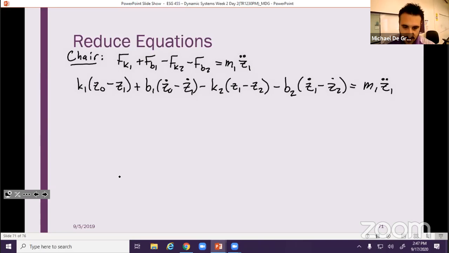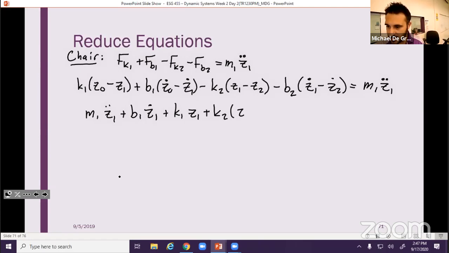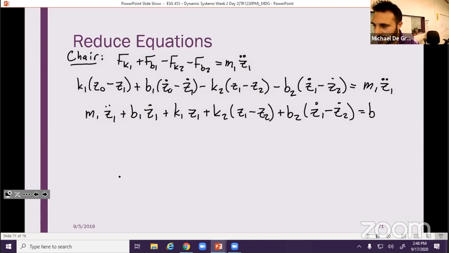We have to algebra this, right? Well, we want Z naught on one side and everything else on the other. So we'll have M1 Z double dot 1 plus B1 Z dot 1 plus K1 Z1 plus K2 (Z1 minus Z2) plus B2 (Z dot 1 minus Z dot 2) is equal to B Z dot naught plus K Z naught.